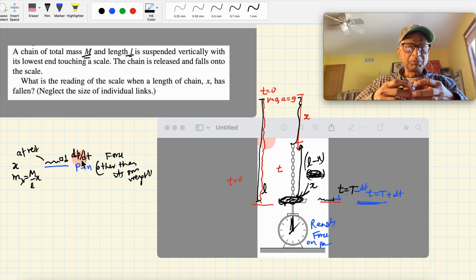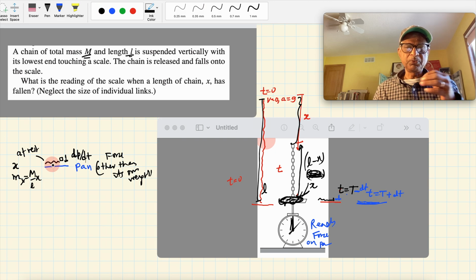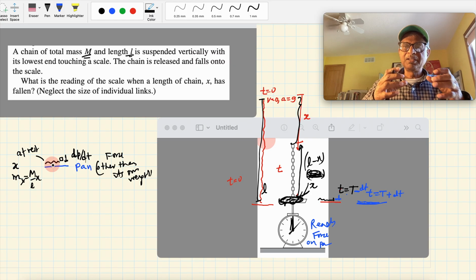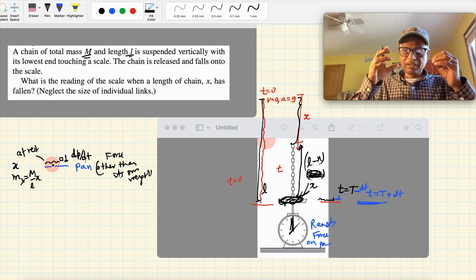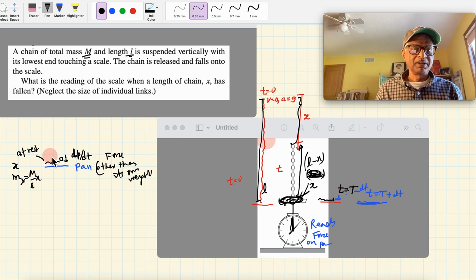What's the rate of momentum transfer? So remember, the force can be from just the gravitational force of the weight and the rate at which momentum is transferred. So this is like a collision problem, right? This is like a collision problem. So there are two parts to it.